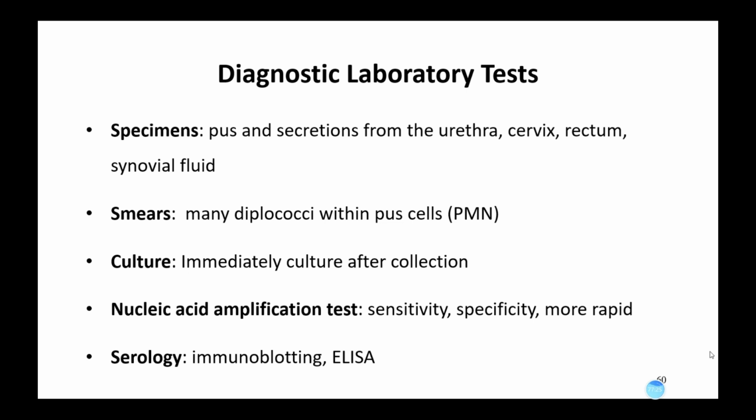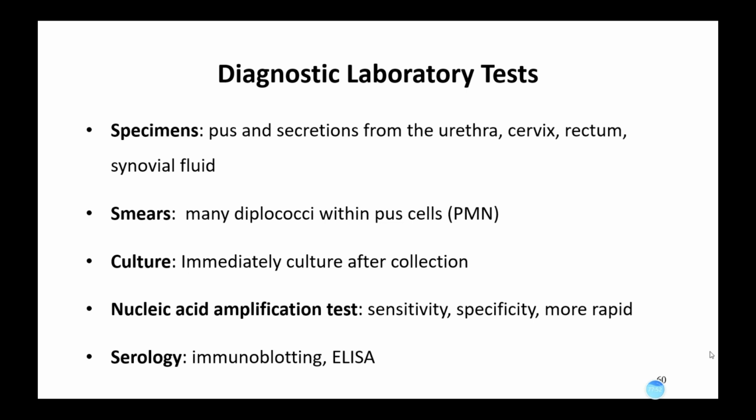Okay. For laboratory tests, we collect the pus and secretions from the urethra, cervix, and similar sites, make a smear and check, and we will find many gram-negative diplococci within neutrophils, a lot of neutrophils.